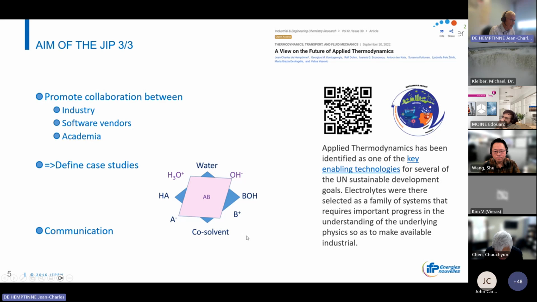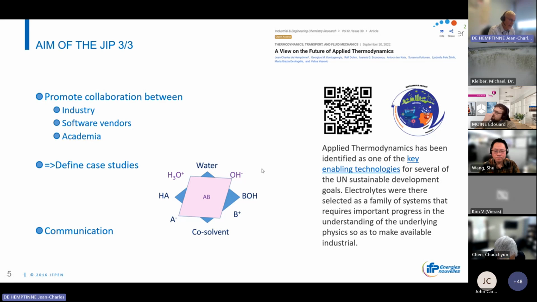And what we've done within the GIP in that objective is defining some case studies that are both simple and complex. I mean, as simple as possible to do real science, to really analyze the impact of different physical-chemical properties of the system, but sufficiently complex to really be able to answer industrial challenges.